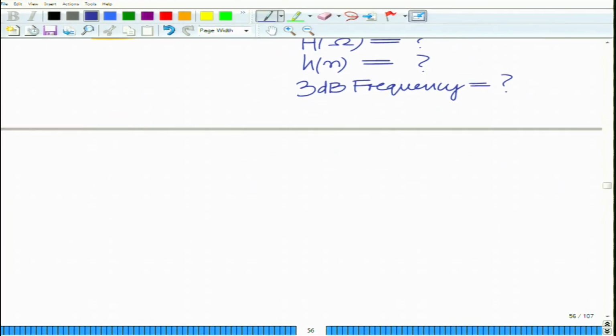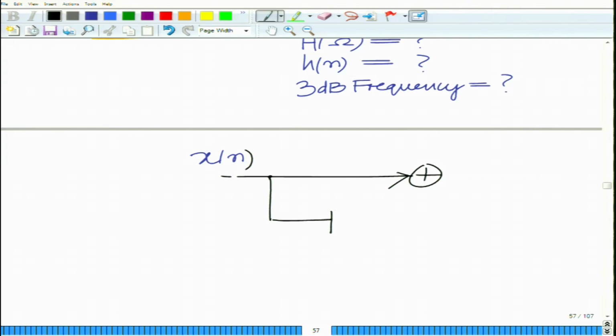Now, first let me describe the figure. The figure is very simple, it is a very simple system. I have the input x of n, which is going through the summer and also through this block Z inverse, which we already know corresponds to a delay.